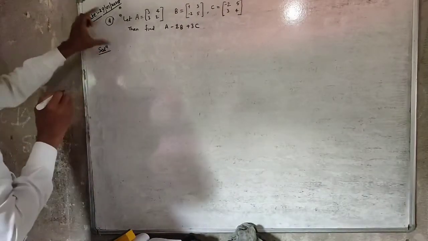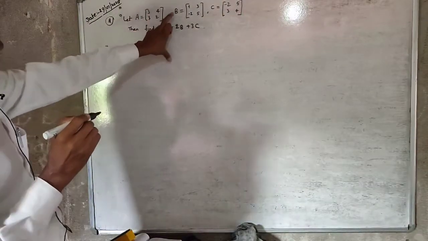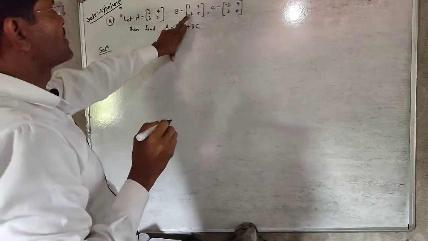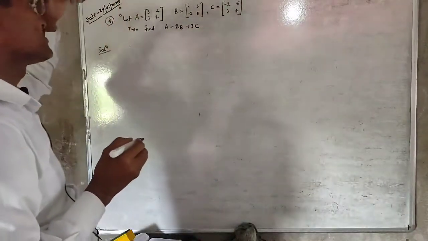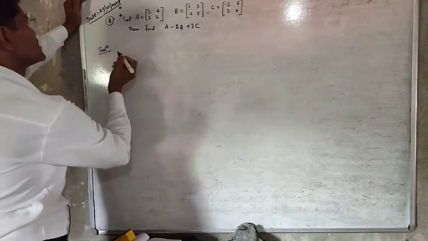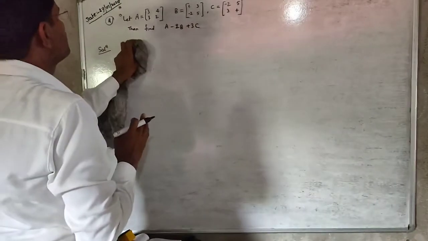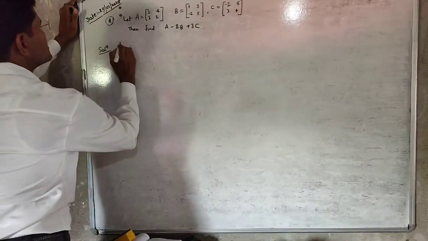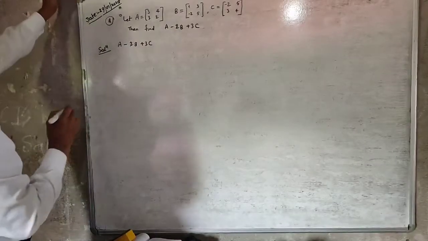Solution. The matrix A is equal to [3, 4; 3, 2], matrix B is [1, 3; minus 2, 5], and C is [minus 2, 5; 3, 4]. These are the three matrices. We have to find the matrix A minus 2B plus 3C.